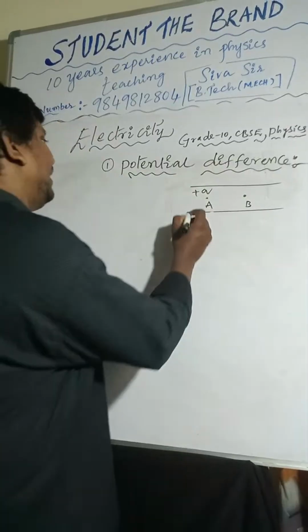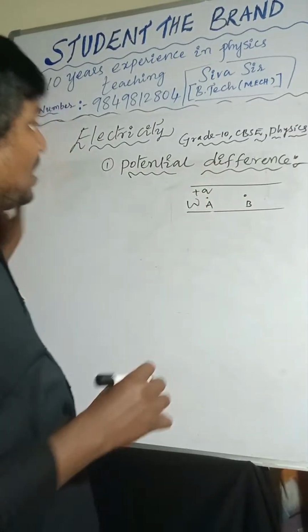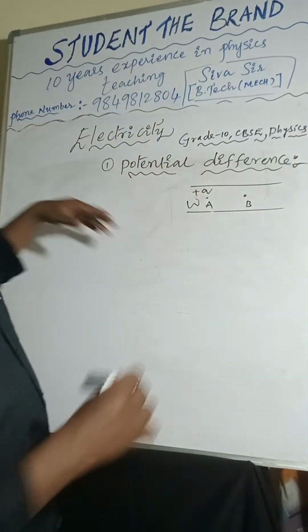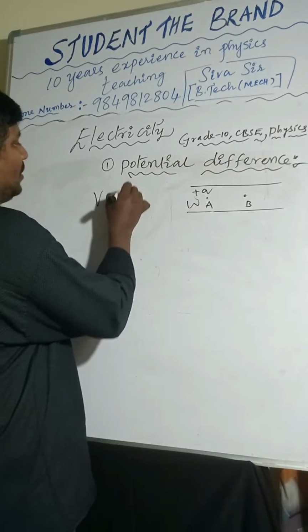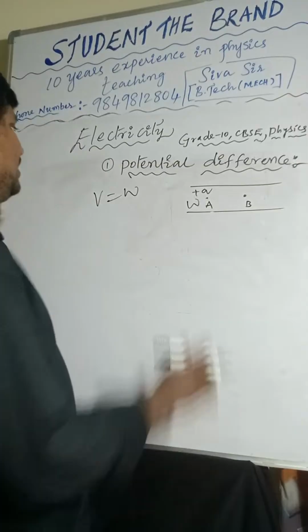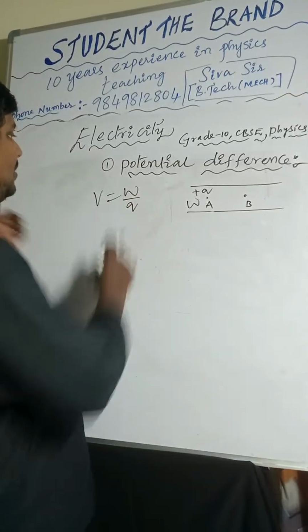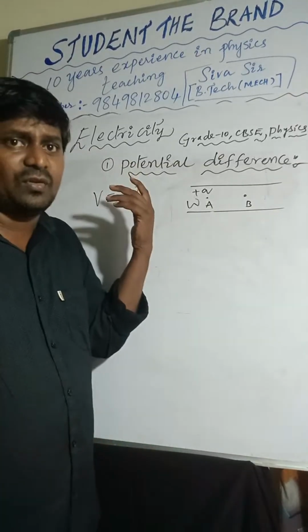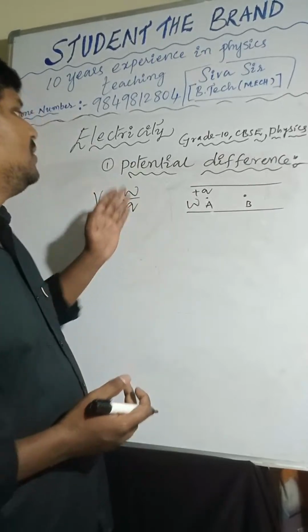To bring a positive charge from point A to point B, we are doing some work. So V equals W by Q, V equal to W by Q.